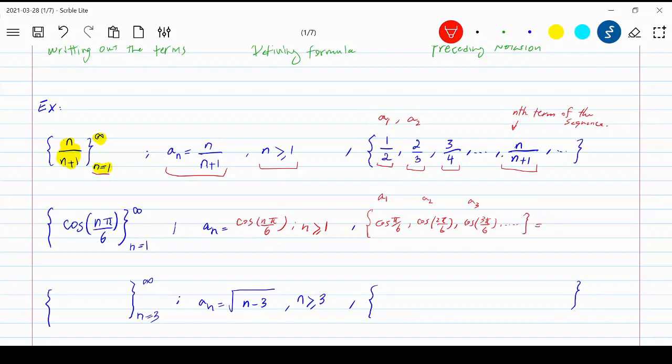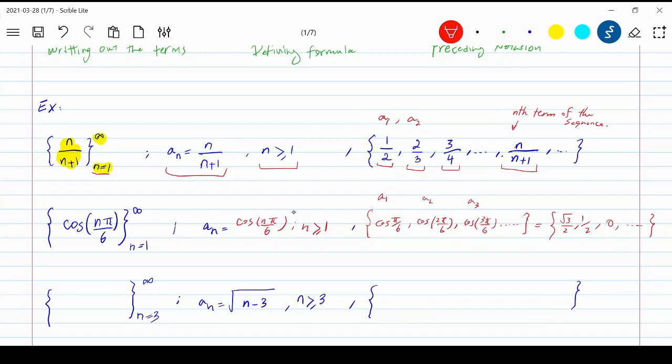But you can simplify this and say, okay, cosine pi over 6, we know that it is root 3 over 2. Cosine 2 pi over 6 would be 1/2. Cosine 3 pi over 6, or pi over 2, would be 0, and you can come up with the sequence this way as well. They are the same thing.